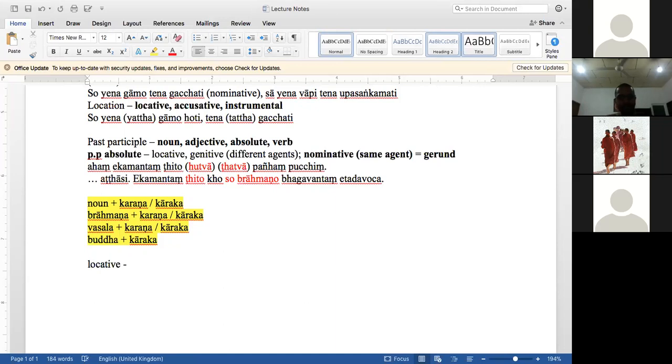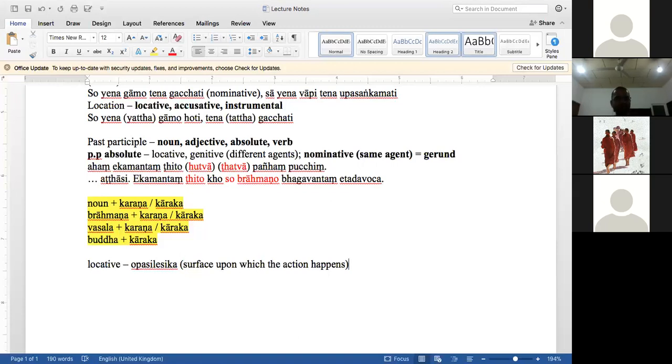The first one is called Upasilesika. Upasilesika means the surface upon which the action happens. For example, if we are sitting on a chair, the chair touches our body.